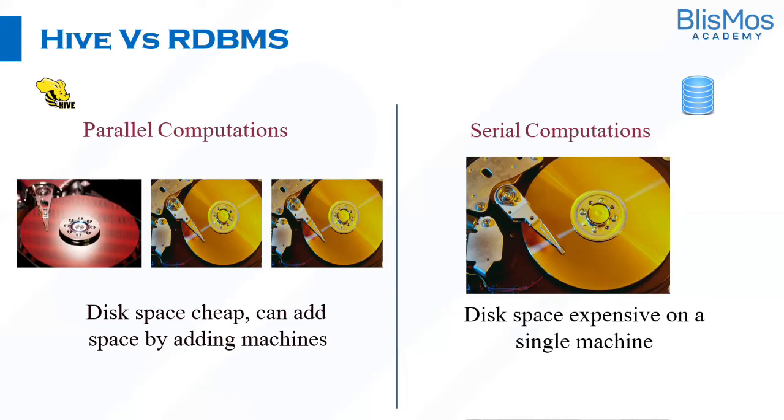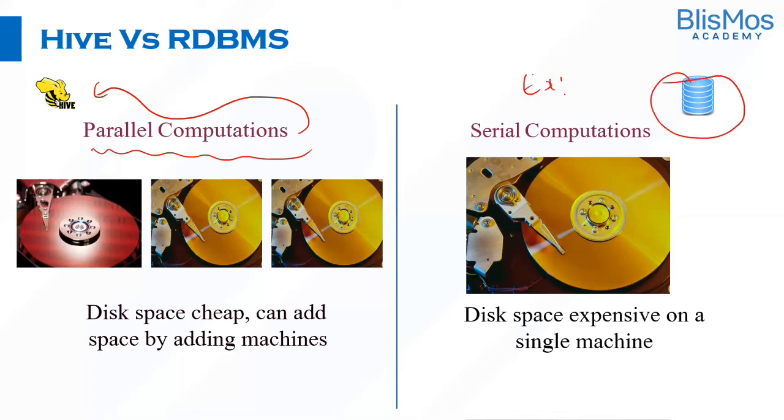Because of that, we want to go for a parallel computation as a part of Hadoop ecosystem, and since Hive is a part of the Hadoop ecosystem, it does the parallel computation. On the other hand, if you really look at the RDBMS systems, they are installed in expensive servers, which are mostly a single machine.